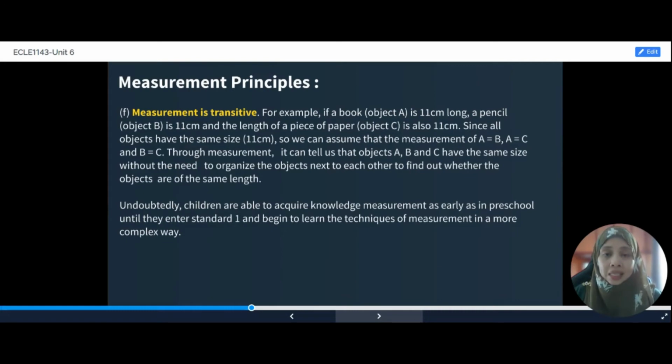Measurement is transitive. For example, if a book is 11 centimeter long, a pencil is 11 centimeter and the length of a piece of paper is also 11 centimeter. So since all objects have the same size, we can assume that the measurement is equal for each of the item that we have measured.